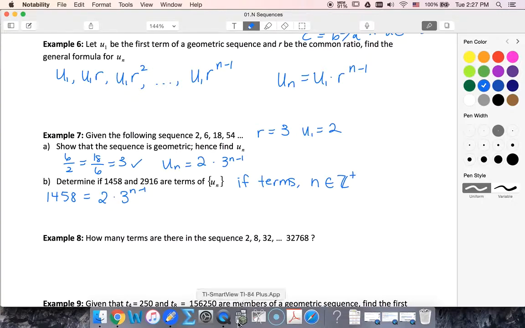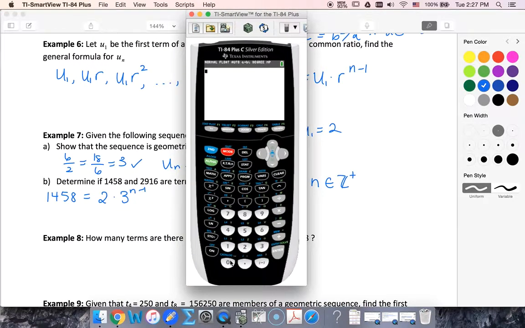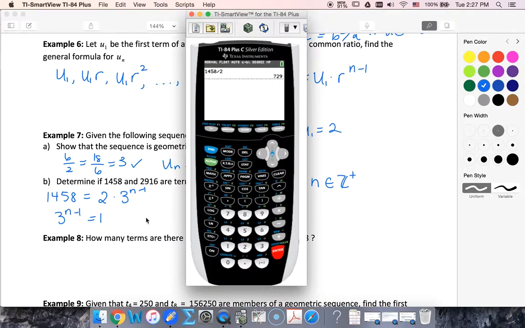So divide both sides by 2. And we're going to get 1458 over 2. And now I want to know if this is a power of 3. I believe that it is, but I can use my logs to help me. So we would have 3 to the n minus 1 is 729.